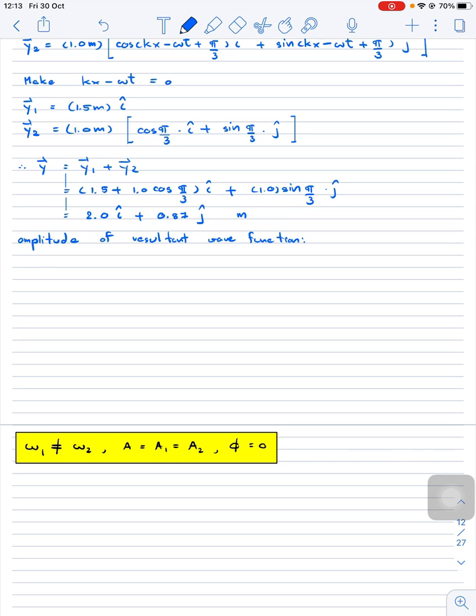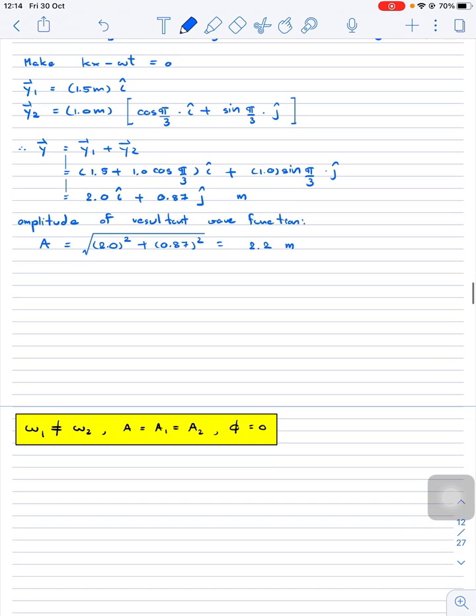This A is equal to the square root of 2.0 squared plus 0.87 squared, which is equal to 2.2 meters. So that's going to be the amplitude.